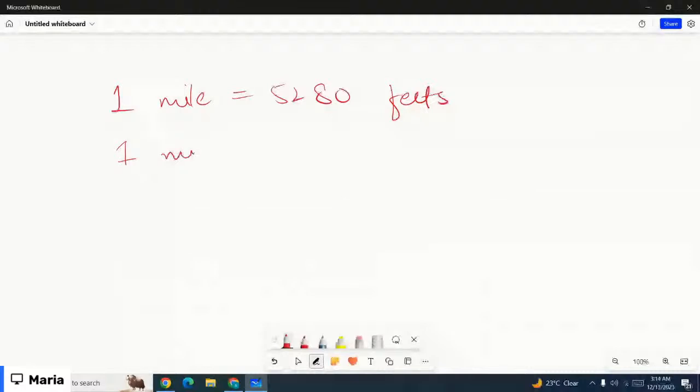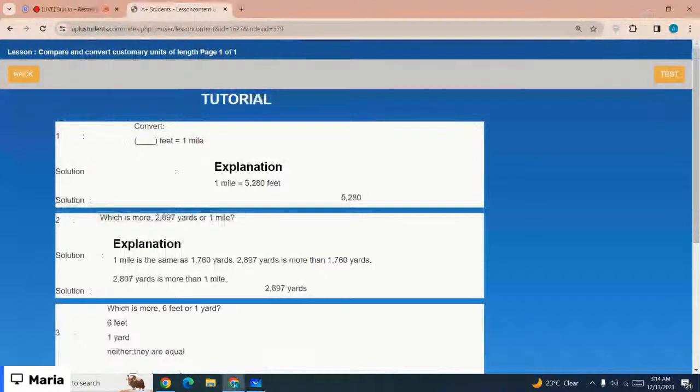So we are comparing 1 mile to 2,897 yards, right? We know that 1 mile equals 1,760 yards. So obviously 2,897 yards is more than 1 mile, right?